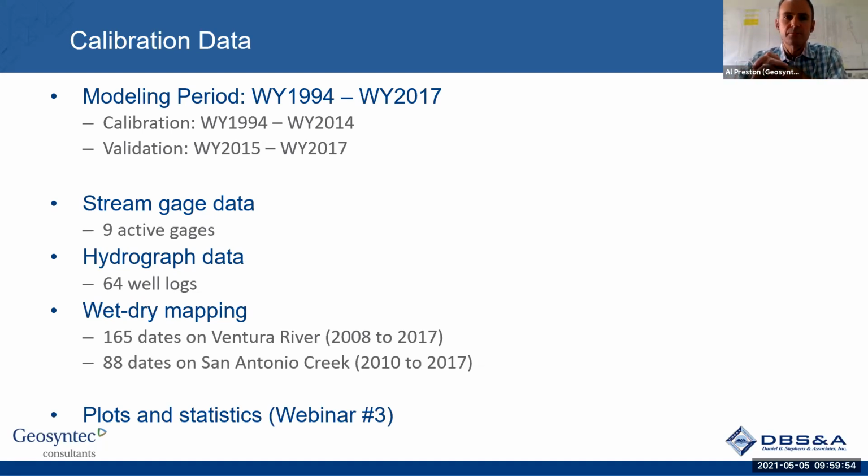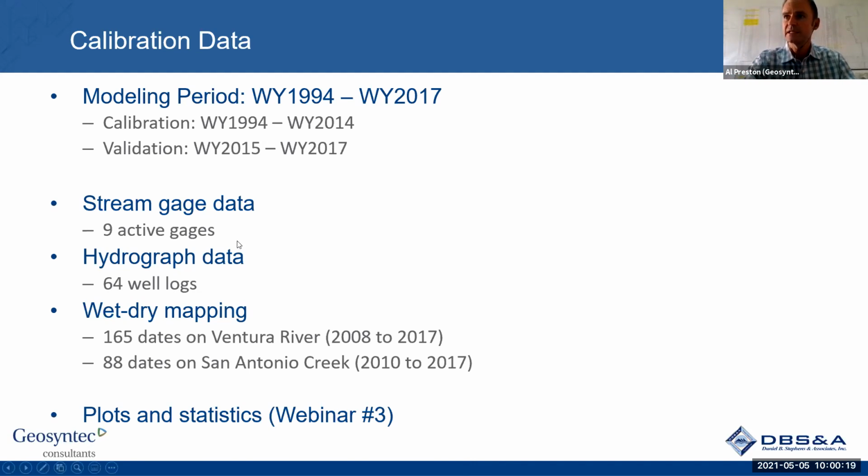So by comparing model results with as much measured data as we can get our hands on, we can have confidence that a model is able to correctly reproduce the movement of water within the watershed. As Kevin mentioned, our modeling period is 1994 to 2017. So I'm going to talk about the data we have over that period.